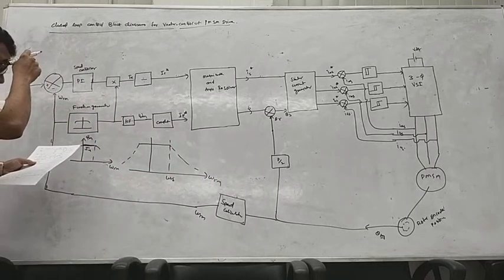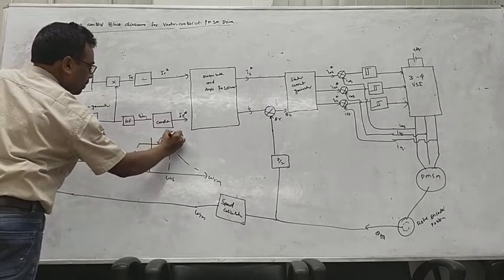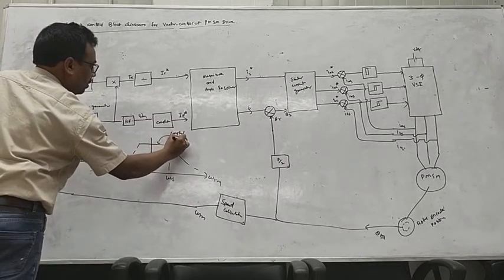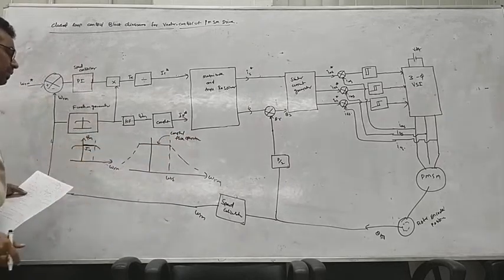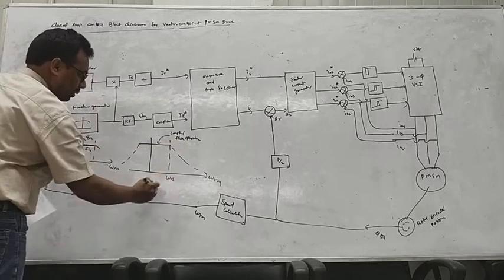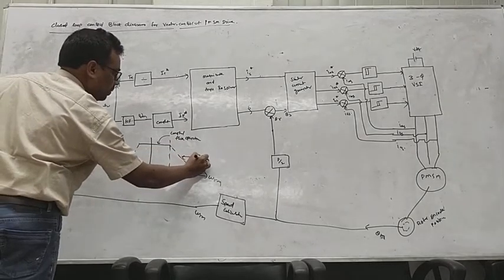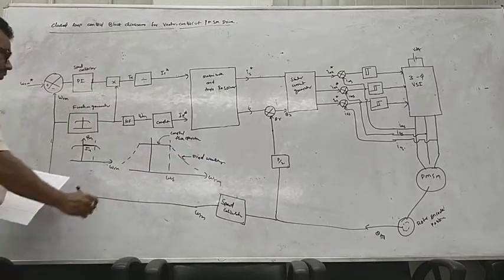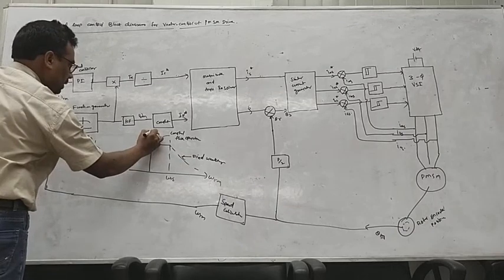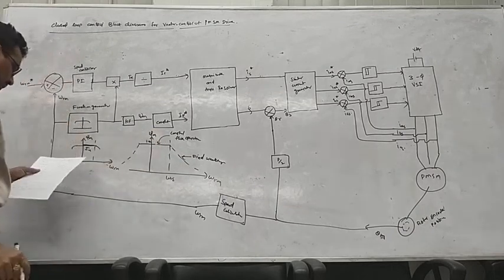Okay, and this is constant flux operation. So below the base speed, this is constant flux operation, and above the base speed, so this is the base speed omega Rb, and above the base speed, this is the field weakening region, field weakening mode above it. So let us assume that this is psi m, and this is 1 per unit.